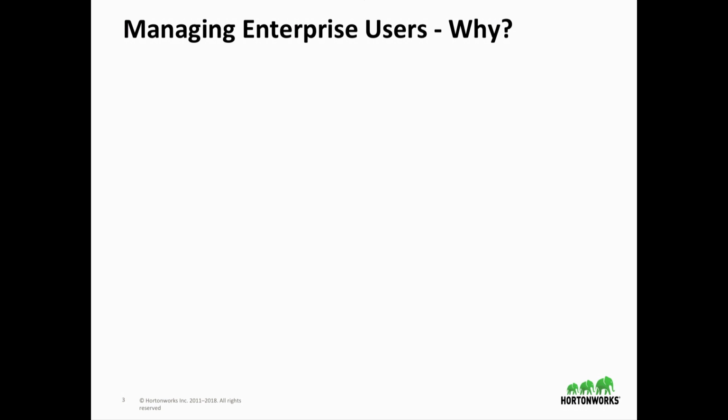So let me start with the question of why is this important, right? Why is managing enterprise users important? I'll start with the all too familiar CIA triad, which forms the basis of any organization's key security goals.